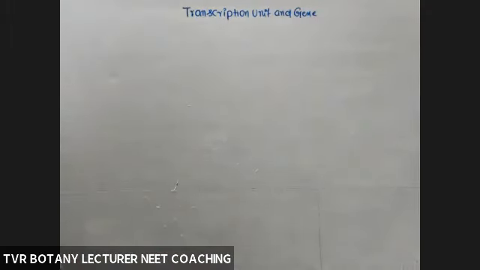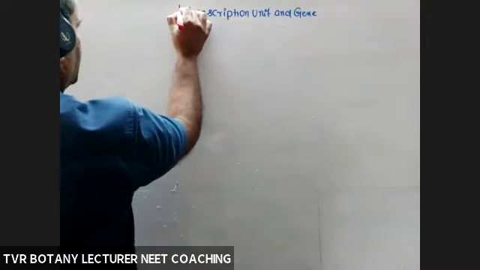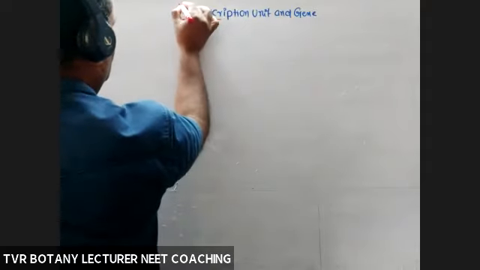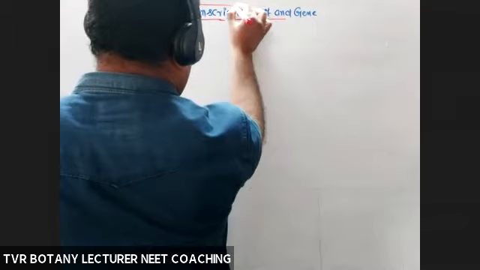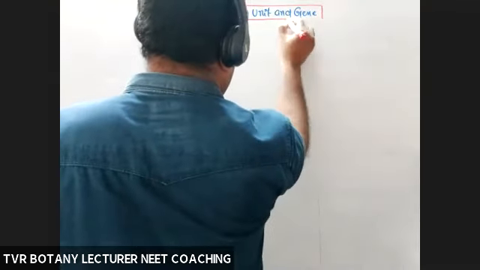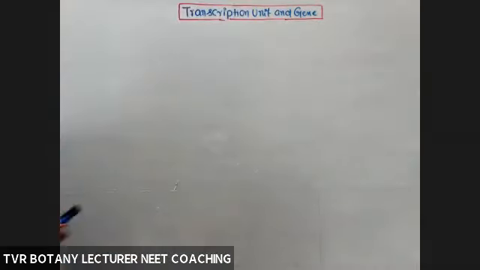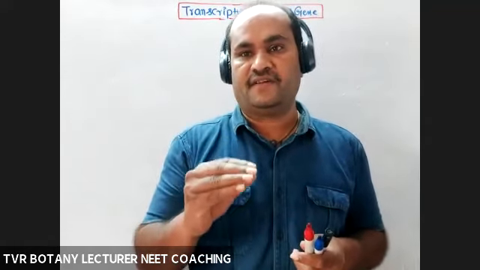Transcription unit and what is a gene? What is the definition of a gene? So here, the definition of gene in terms of a sequence of nucleotides is not correct.